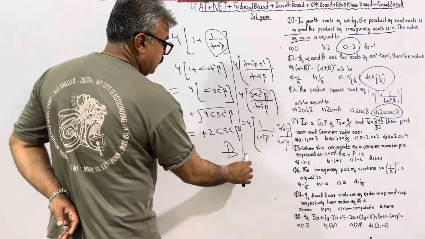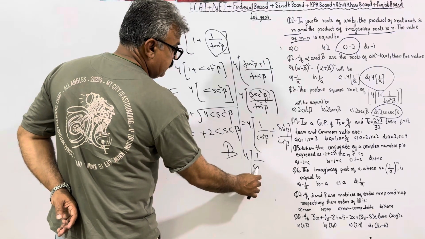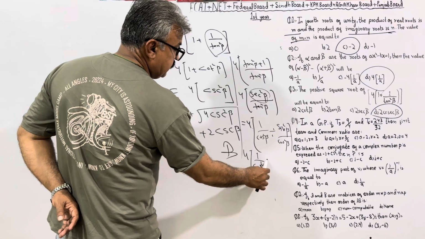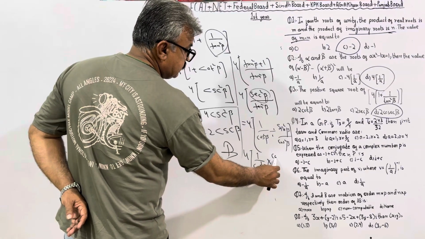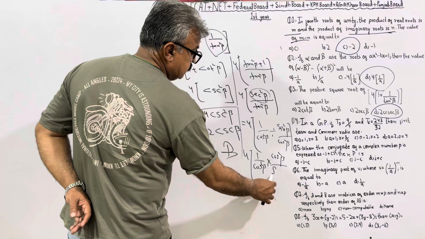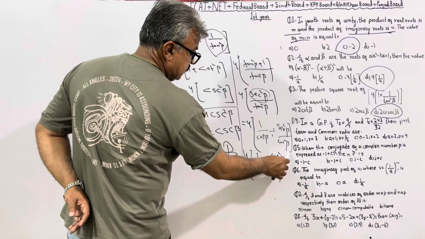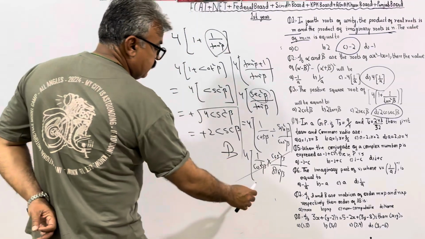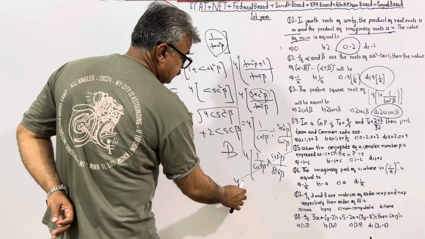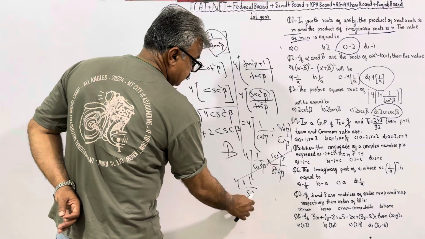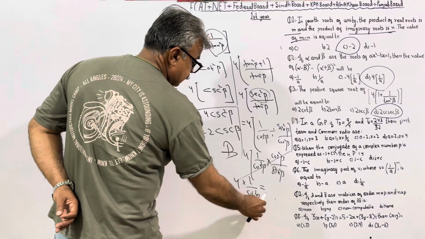Make it reciprocal: 4 times 1 over cos square beta times cos square beta over sin square beta. Cancelled out, 1 over sin square is equal to cosec square.